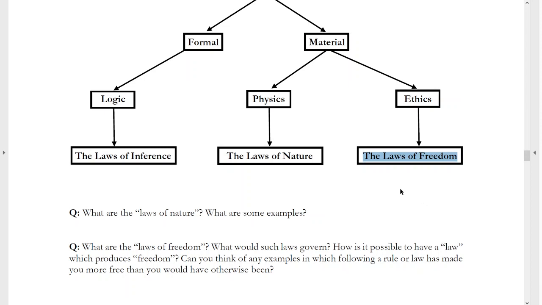But one thing you should think about is, is there any way in which a law of any sort can make you more free than you would have otherwise been? And there are a couple ways in which this is true. So one example would be, consider traffic laws, right?